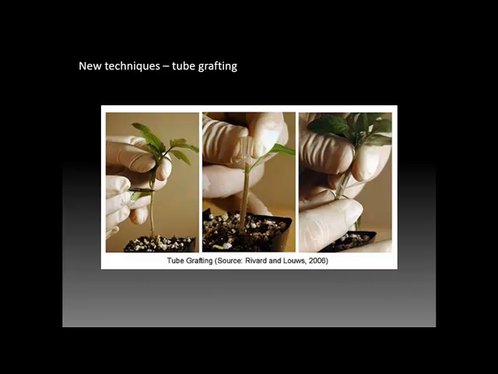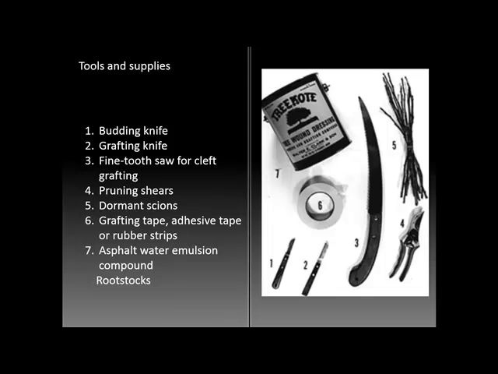Tube grafts. This is another technique that is now being used in grafting tomato plants, and some of the same advantages of taking the best of the roots and the best of the shoots are also being used in some herbaceous plants, not just confined to woody plants anymore. This slide has some of the tools of the trade, some of which we used, especially out in the orchard, working with Al Westerman.